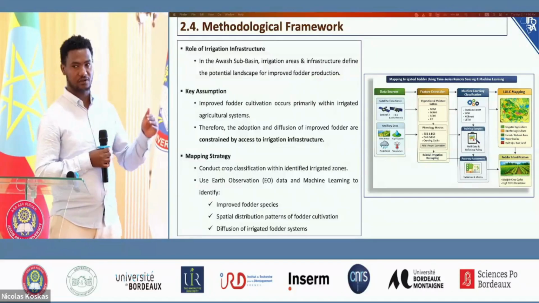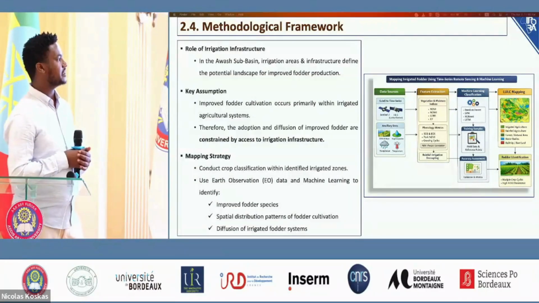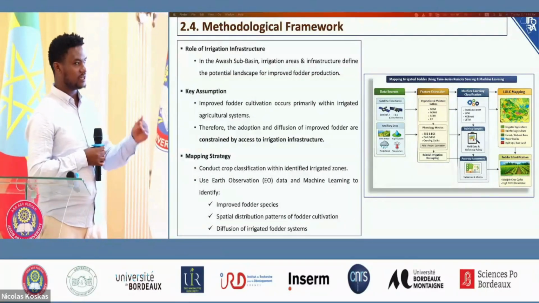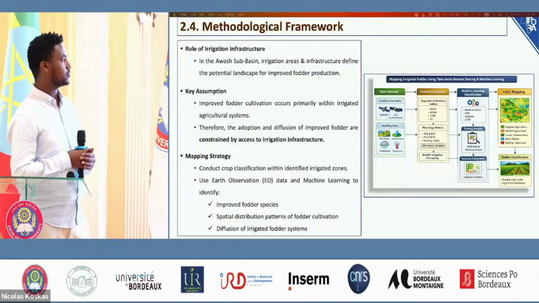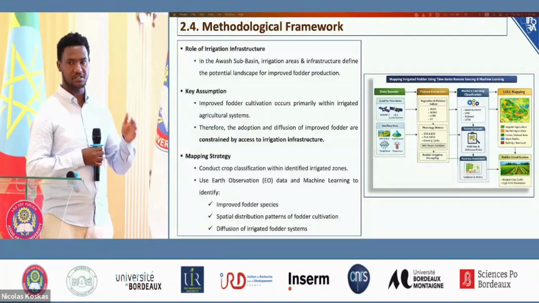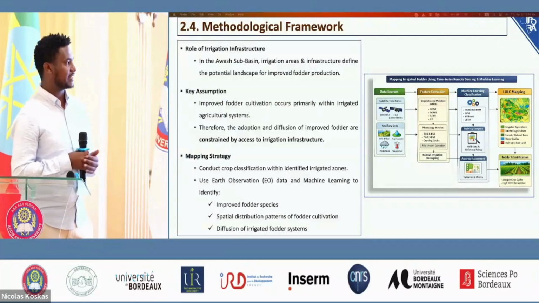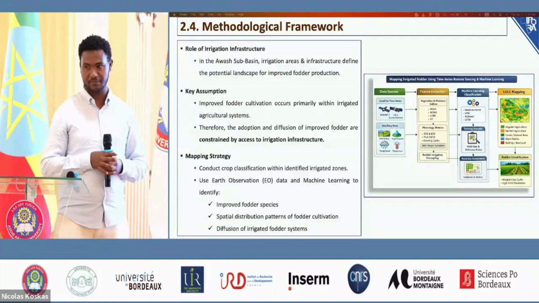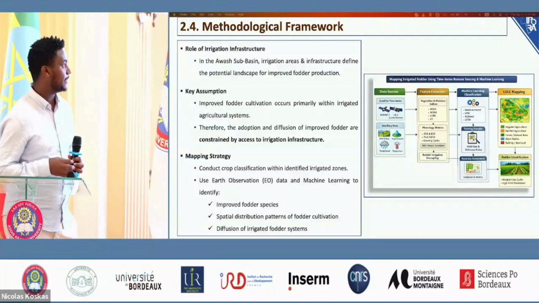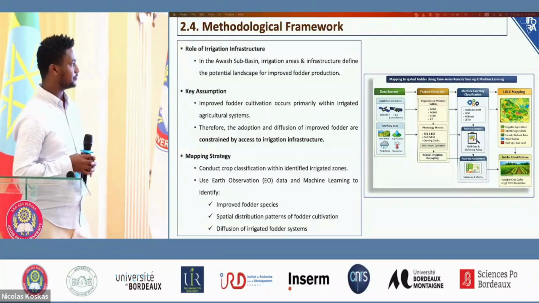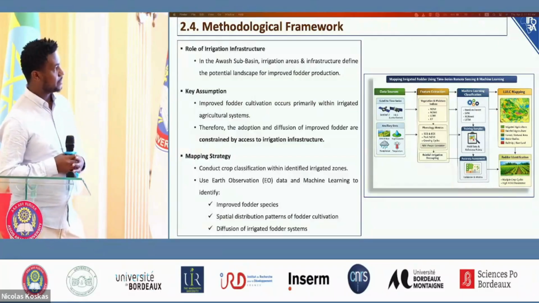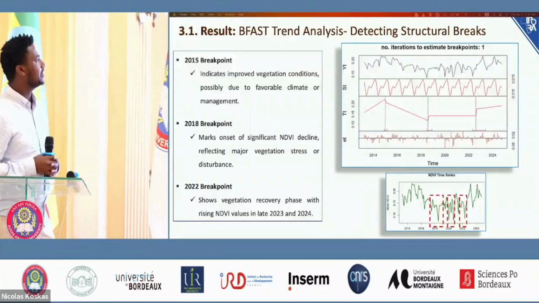For this reason, our first step is to map the irrigation-based agriculture areas in these basins. For this, we use different types of Earth observation and other covariates to differentiate rain-fed agricultural systems from irrigation-based agricultural areas. Then, next slide.